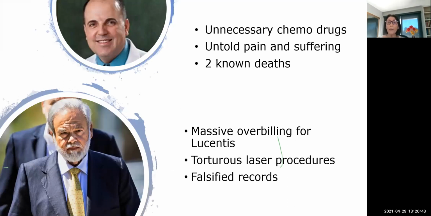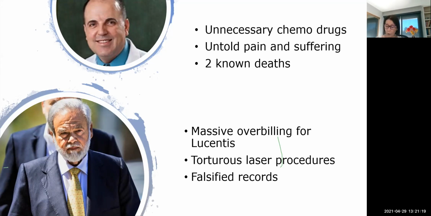You see here on the top is Dr. Farid Fatah. He used to be a hematologist oncologist from the state of Michigan. Over the course of several years, he gave poisonous chemotherapy drugs to patients who did not have cancer. His abuse caused untold pain and suffering.